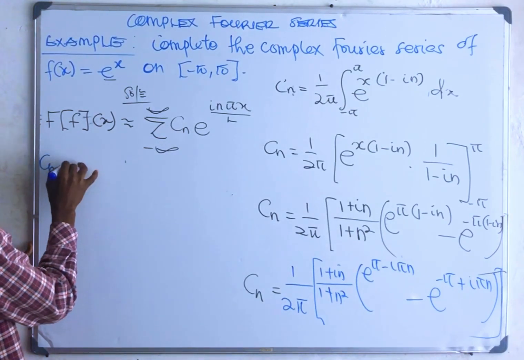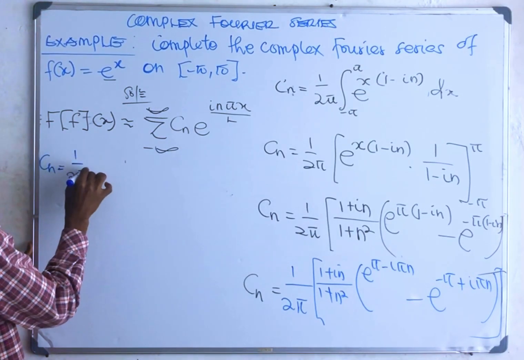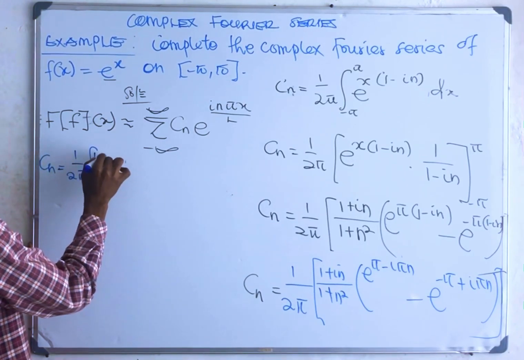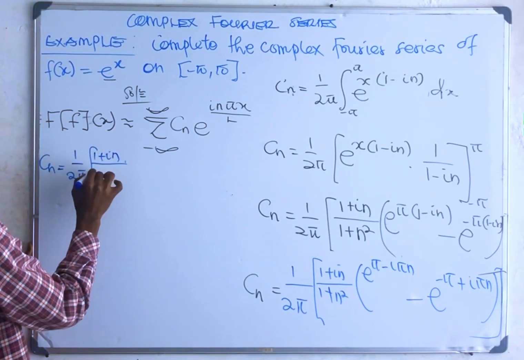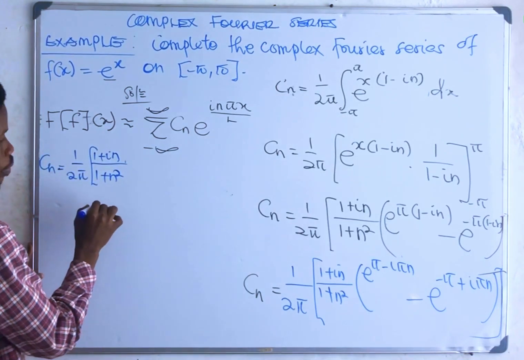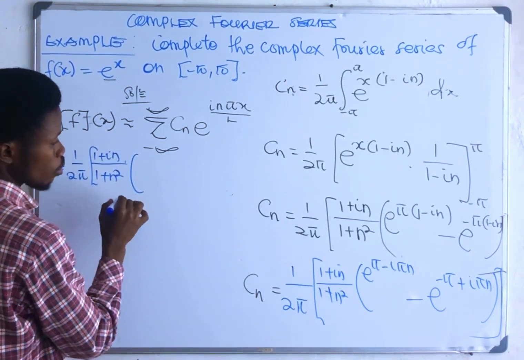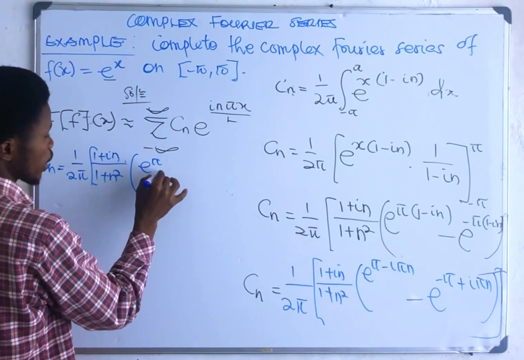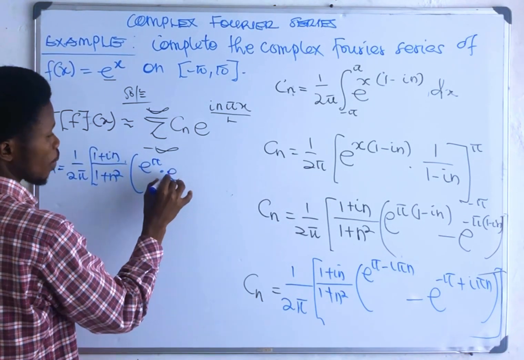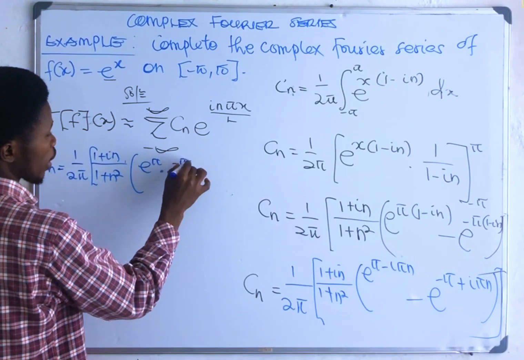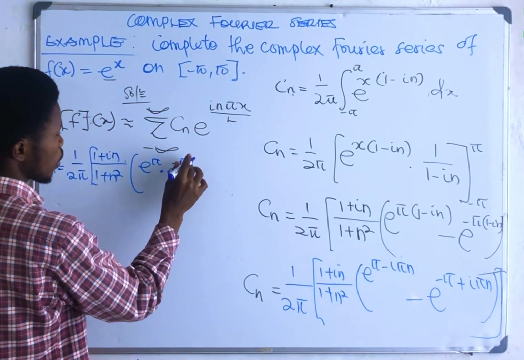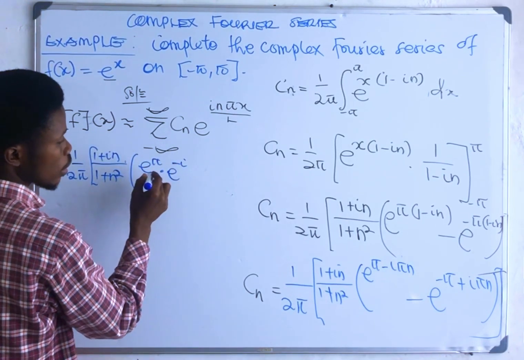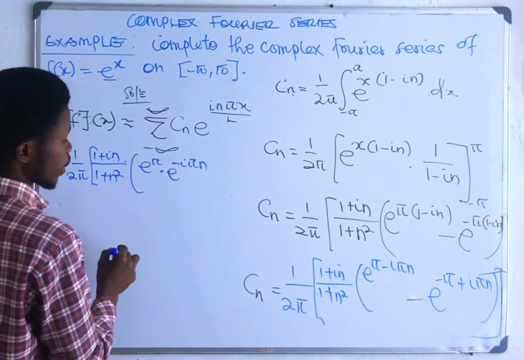So my Cn, you see, this place I can split it like this. So my Cn now becomes 1 over 2 pi, 1 plus i n over 1 plus n squared, bracket open. Now this one, if I split it, becomes e to the power pi multiplied by e to the power negative i pi n, right?